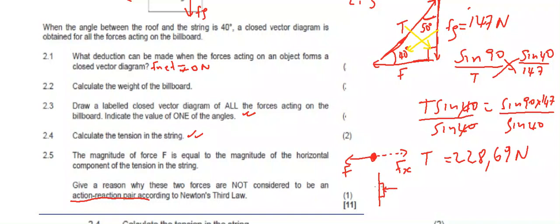The action-reaction force is there because we have two objects. But in one object, there is no action-reaction pair, because these forces are from one object. Therefore, they are not action-reaction forces. Thank you.